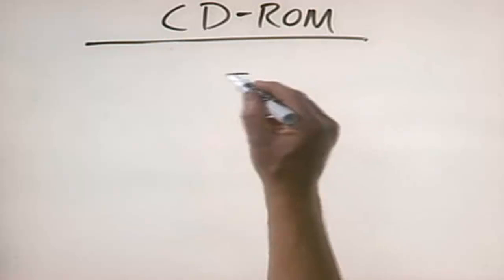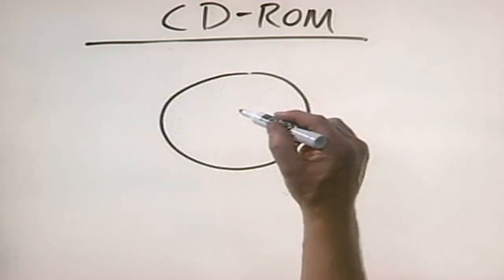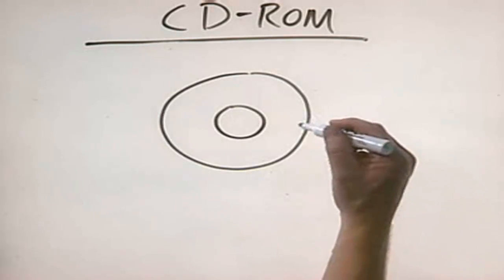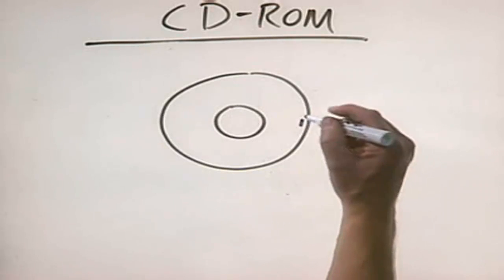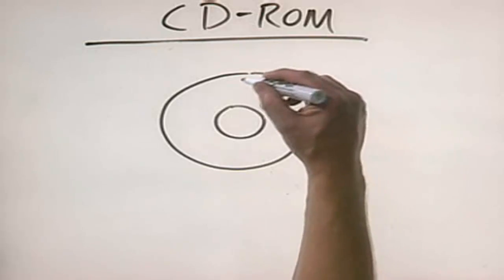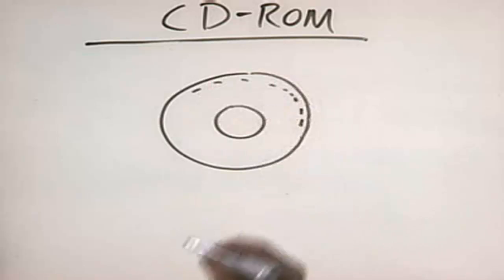If you were to look very closely at the bottom of a CD, and you can't see them with the naked eye, but on the bottom of the CD are a series of what are called pits and lands. These pits and lands are used to store binary 0 and 1 data.